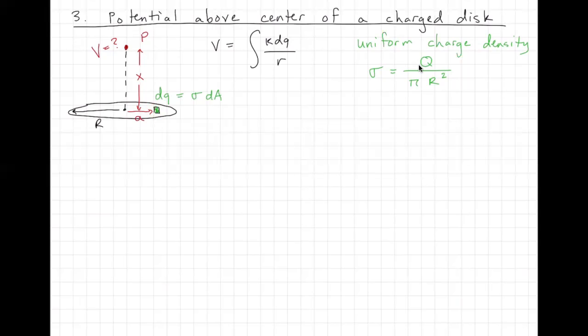So there's a little bit of angle swept out in that area, and the length of that side that goes around the circle will be just the little a times d theta. So I can write that this way. So dA will be dr, that's one side length, times r d theta, that's the other side length.